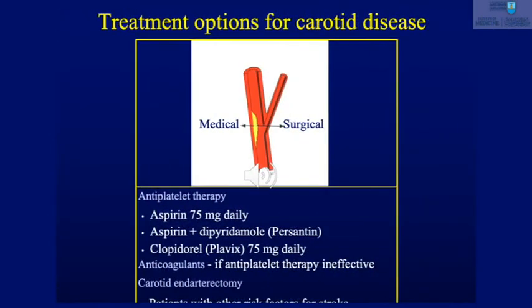The treatment options for carotid disease include antiplatelet therapy, anticoagulant therapy, and carotid endarterectomy in patients with other risk factors for stroke or symptomatic carotid stenosis.